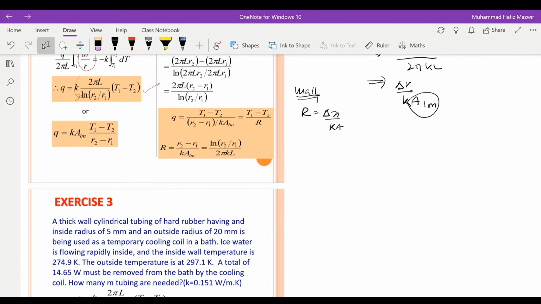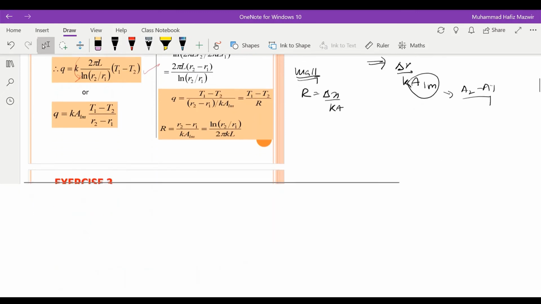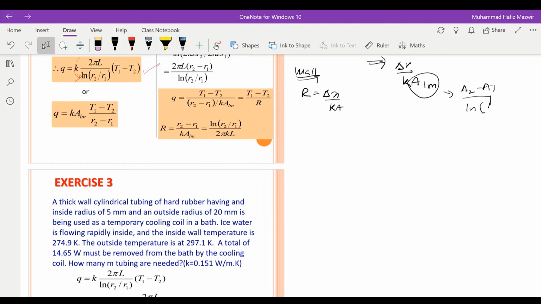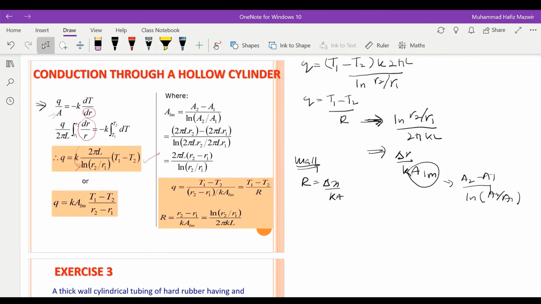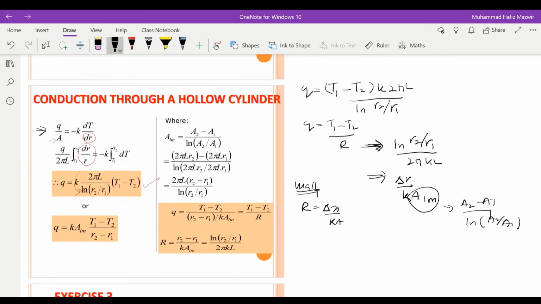A log mean is A2 minus A1 over ln A2 over A1, right? If you do A log mean as A2 minus A1 over ln A2 over A1, you will get the same equation as here.